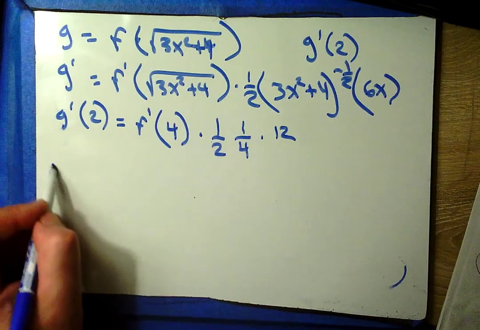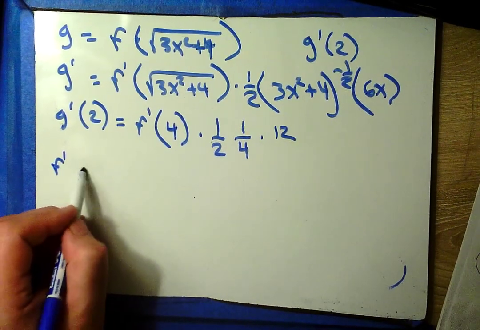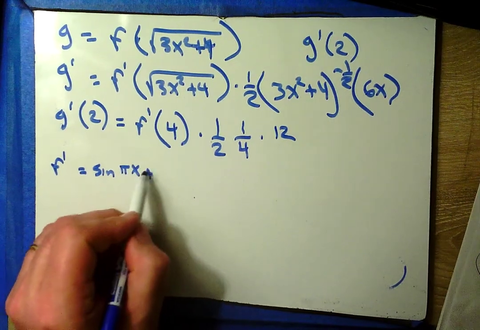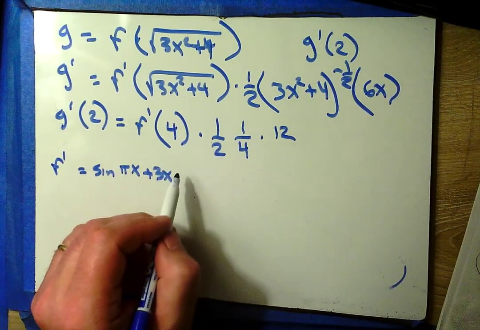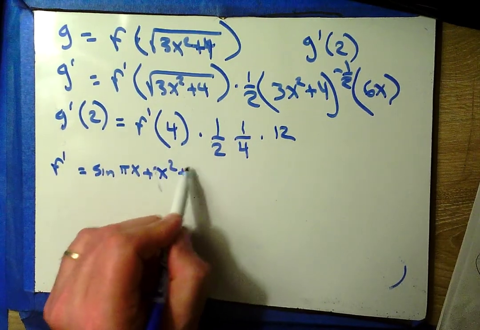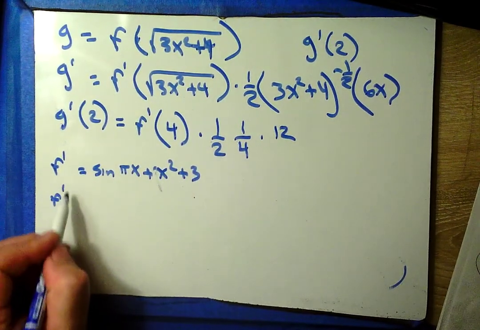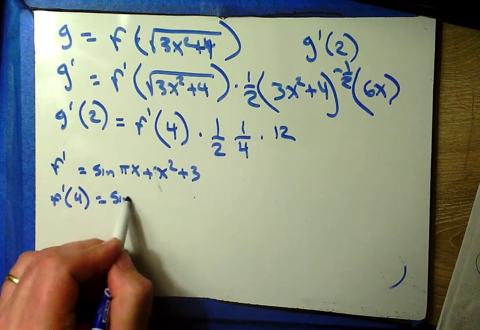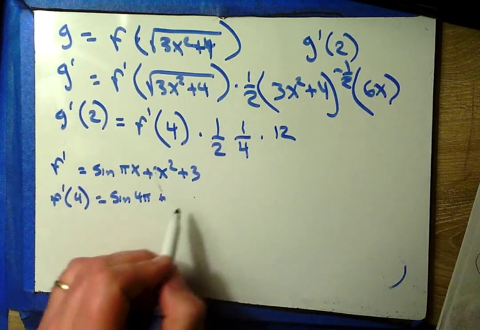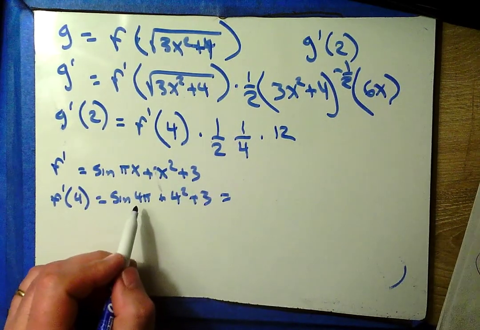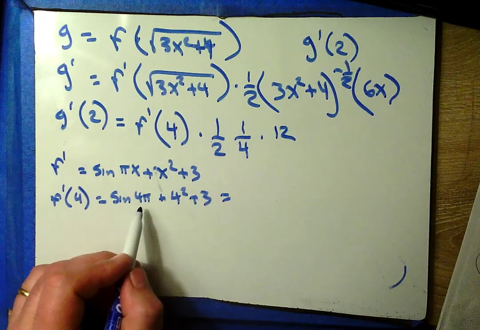What do we know about f prime of 4? Oh, well, remember they gave me that f prime function that they said was sine pi x plus x squared plus 3. And so if I want f prime of 4, then that's the sine of 4 pi plus 4 squared plus 3. 4 pi looks just like 2 pi, looks just like 0.